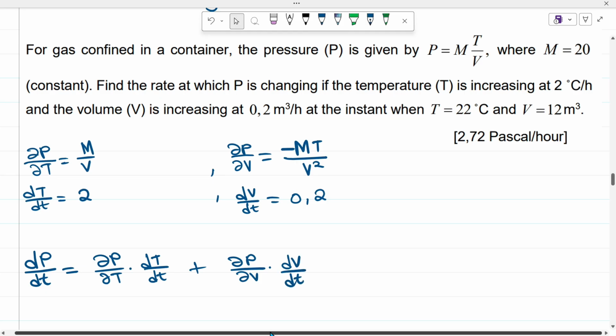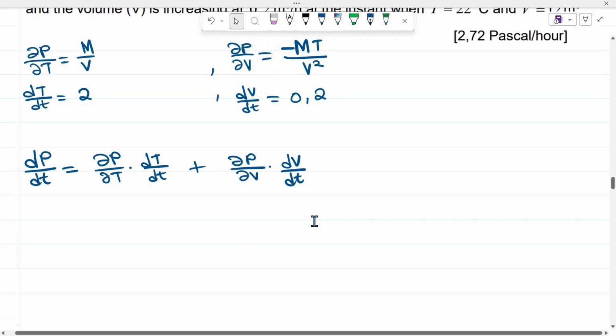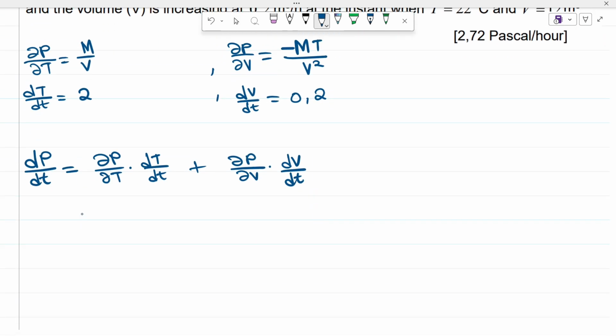So this is going to be your rate of change. Now let's substitute our partial derivatives, m over V and the other one. We just plug in everything.